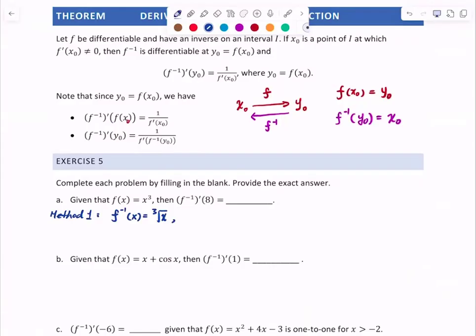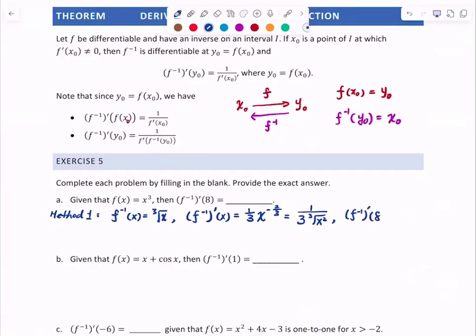And then we just differentiate that. Derivative of f inverse. We use the power rule. Right. So that's 1/3 times cube root of x squared. And then let's evaluate.